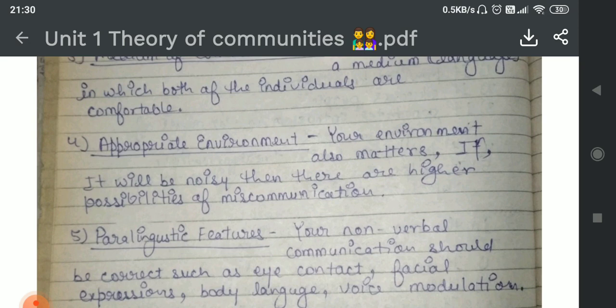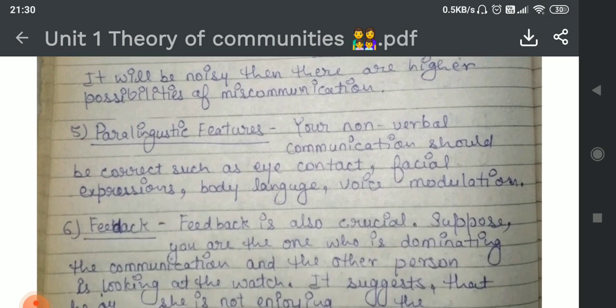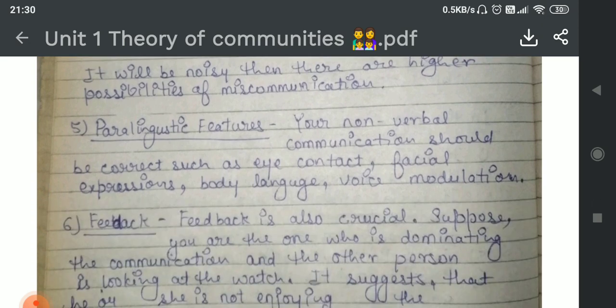Then paralinguistic features. Paralinguistic feature means non-verbal communication, meaning your body language. Suppose you are talking to someone, you should try to make eye contact, because when you make eye contact with any person, it generally indicates that you are a powerful person or you have good confidence.